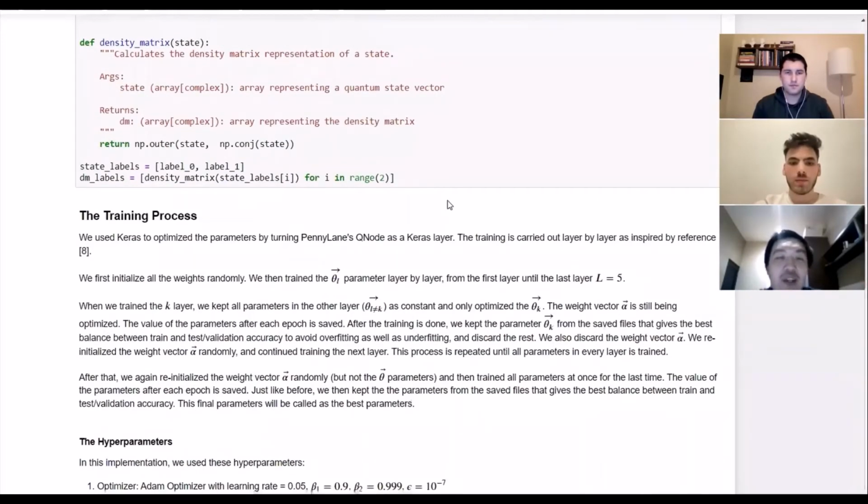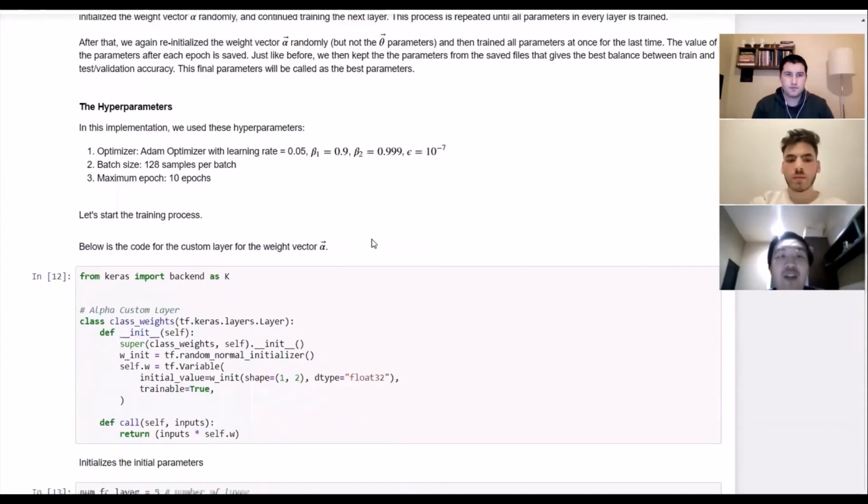And then we train the circuit by using a modified version of Layerwise learning, where we train the parameters from each layer one by one. So when we train the first layer, we keep the parameters in the other layers, the second, the third, etc., fixed.